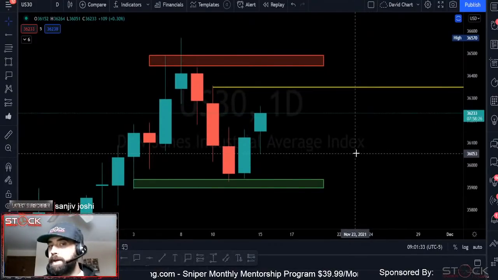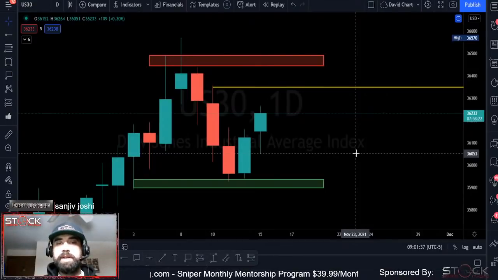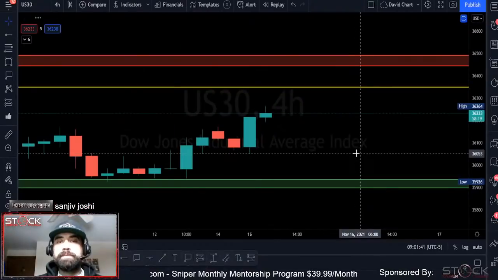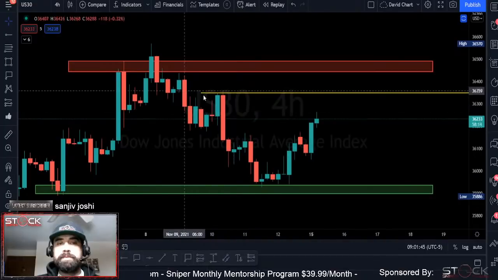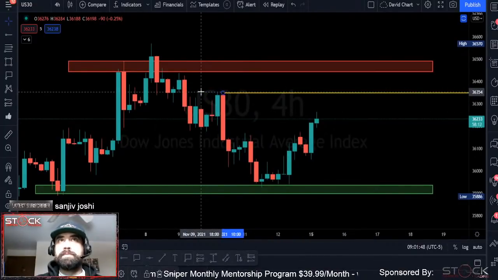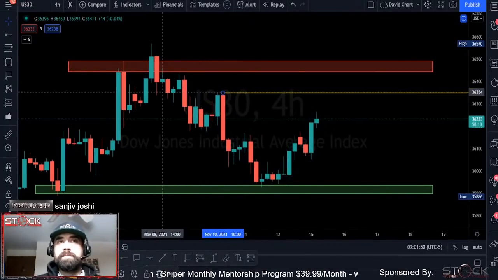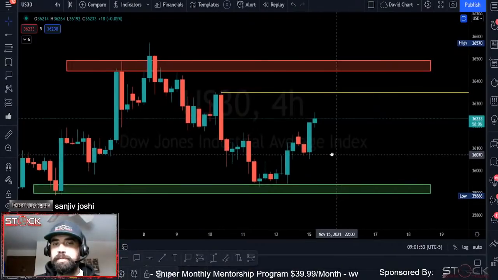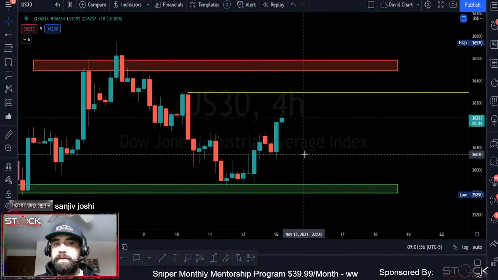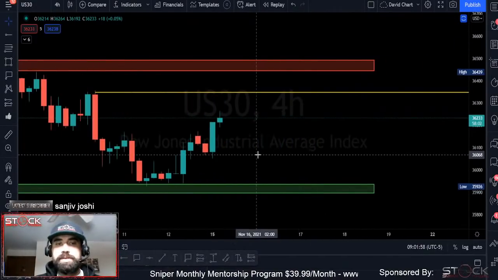We have a nice little bounce at 36055.53. This is US 30 on the daily, so I want to drop it down to the 4-hour. Nice little zone right there.